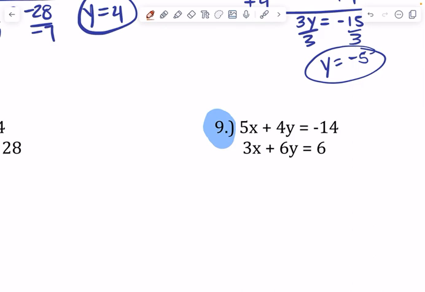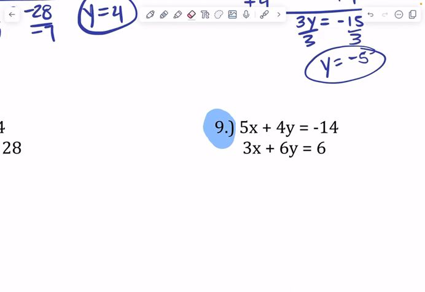So you can't easily multiply 3 by anything to get negative 5. Can't multiply 4 by anything nicely to get to negative 6. So we have to think of numbers that they both go into, like the lowest common multiple for both x coefficients and y coefficients.